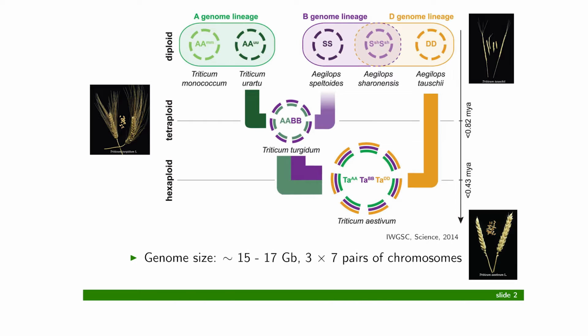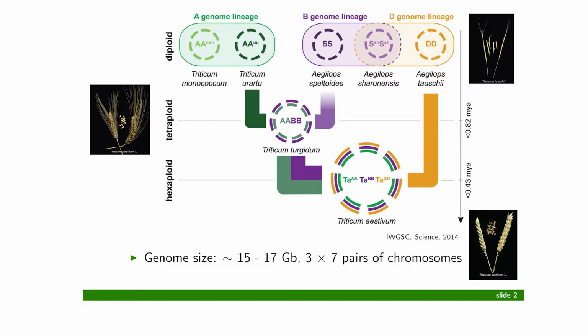This is durum wheat that is used for making pasta, and probably after domestication or shortly before, the durum or emmer wheat merged with a third species called Aegilops tauschii, and this created what is nowadays bread wheat, a hexaploid species.